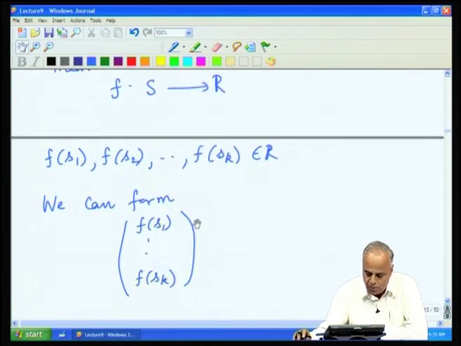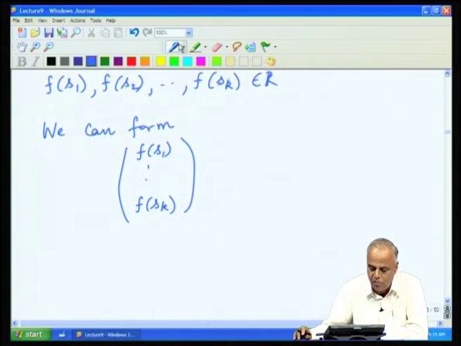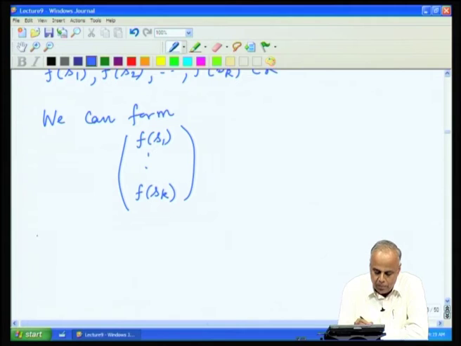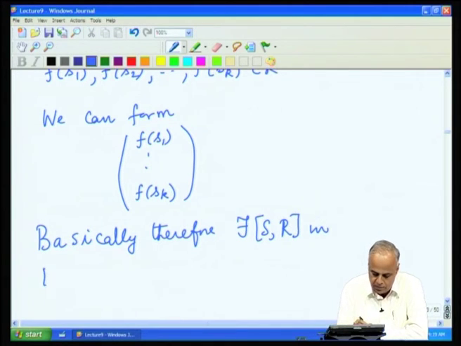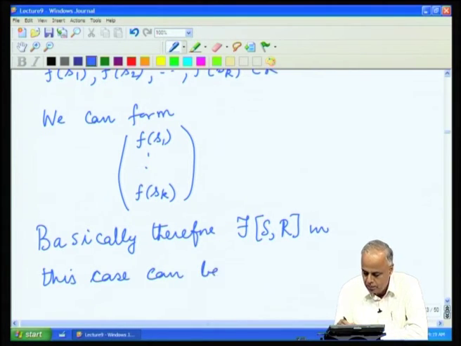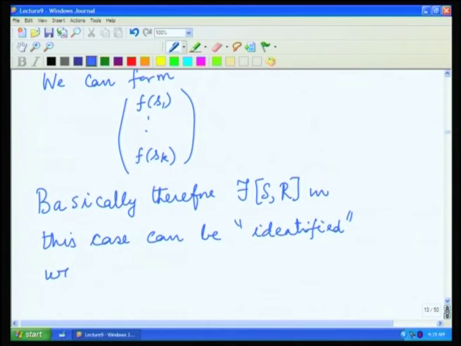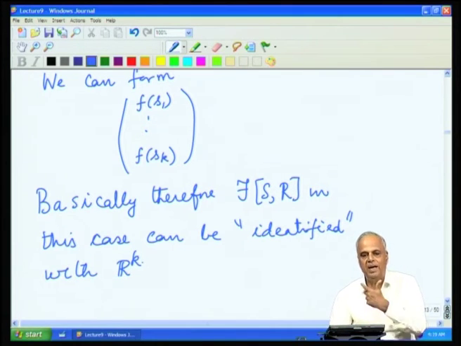We will see more detail about such identifications at a later time, but F(S, R) in this case can be identified with Rk. At least we see such a function is only an element of Rk in disguise.